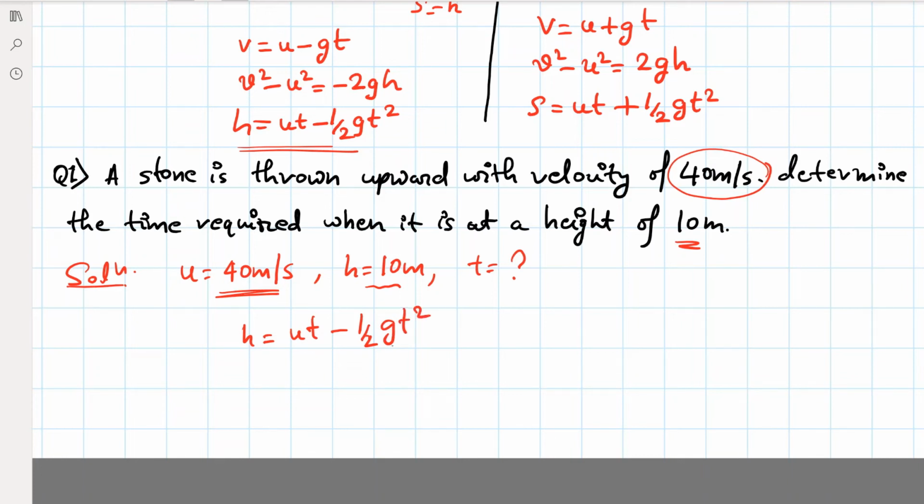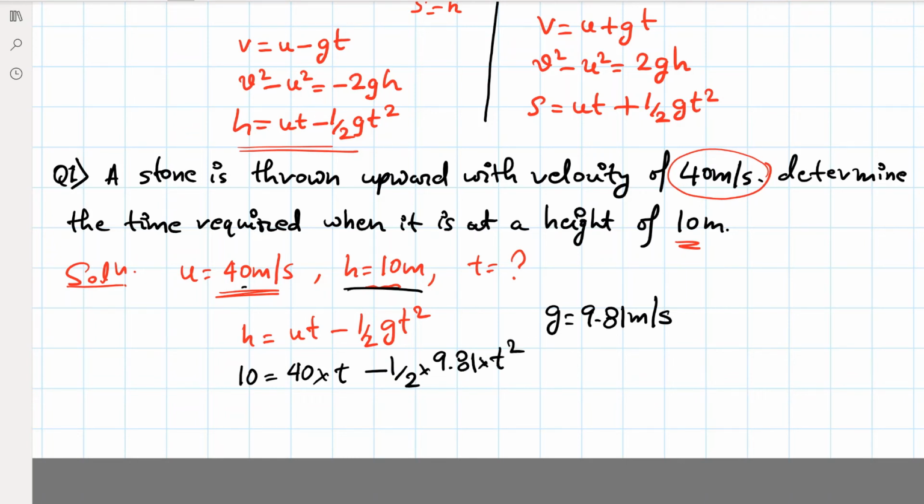If I substitute the values, h is equal to 10 meter, u is 40, we have t that we have to calculate, minus half into g, where g is 9.81 meter per second square, into t square.